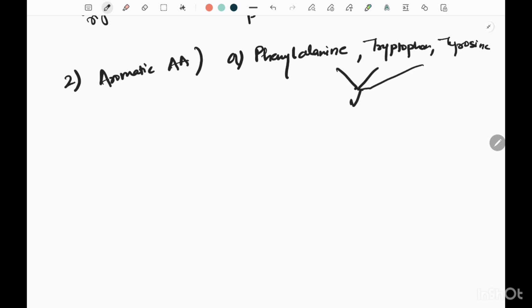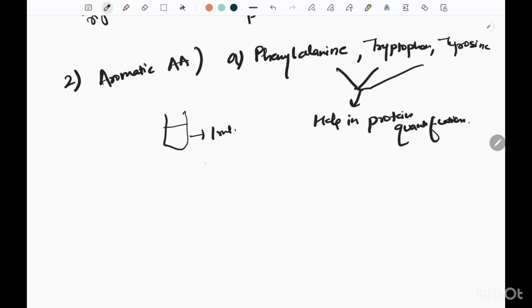All three of them help in protein quantification. For example, if I have a solution of 1 ml and I want to know what amount of protein is present in this particular solution, based on these three amino acids I can find that.